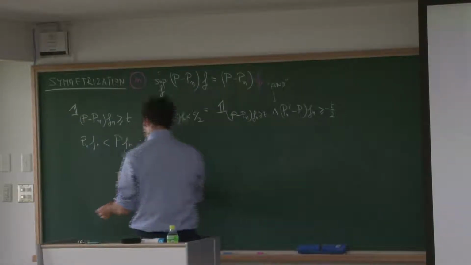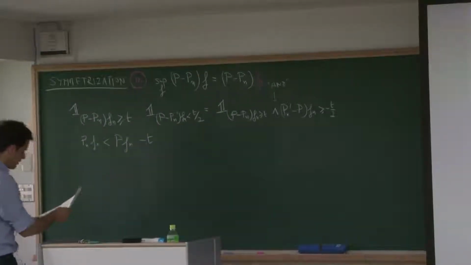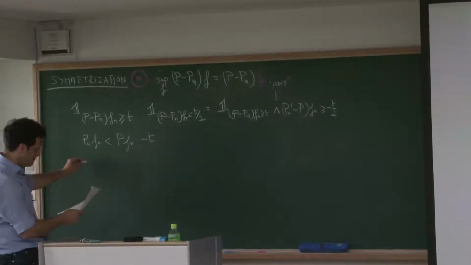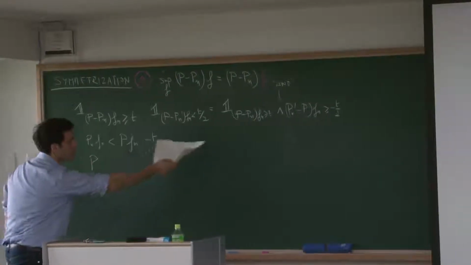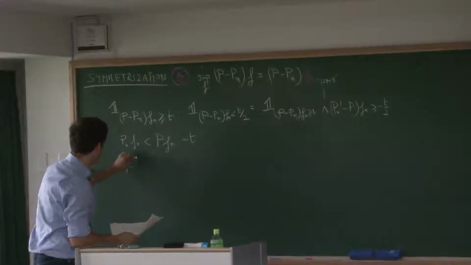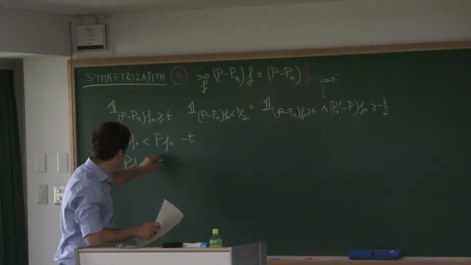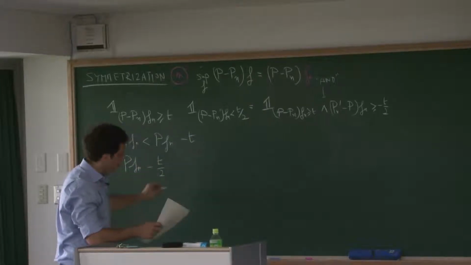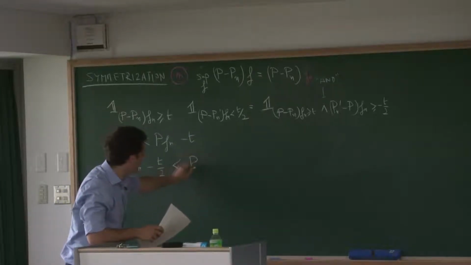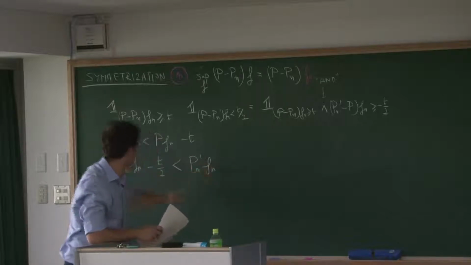And I also have that, this is the second one, P of Fn minus t divided by 2 is smaller than Pn prime of Fn. Okay?